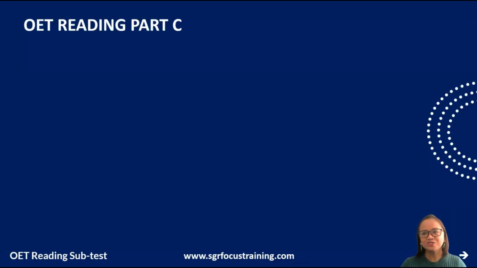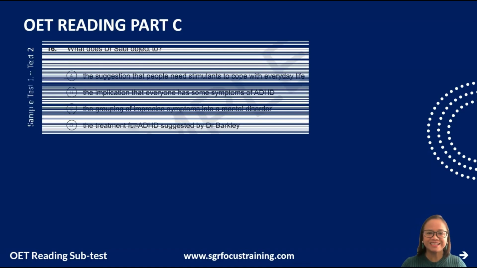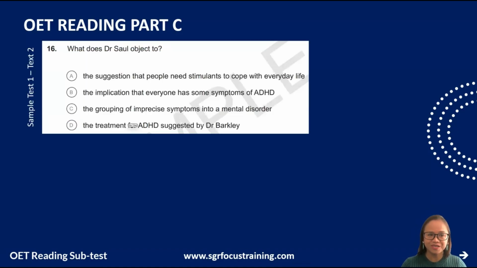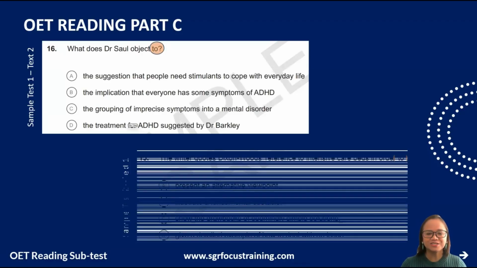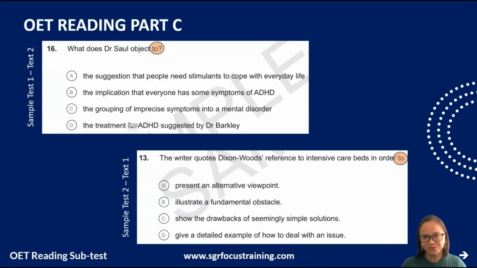A lot of the questions in part C would tend to have questions that end with the word to, okay? Just like sample test 1, text 2, as well as sample test 2, text 1, okay? But these two are different, because the only one that's similar to the one that we've done today, which is looking for the reason why, is only question number 13.